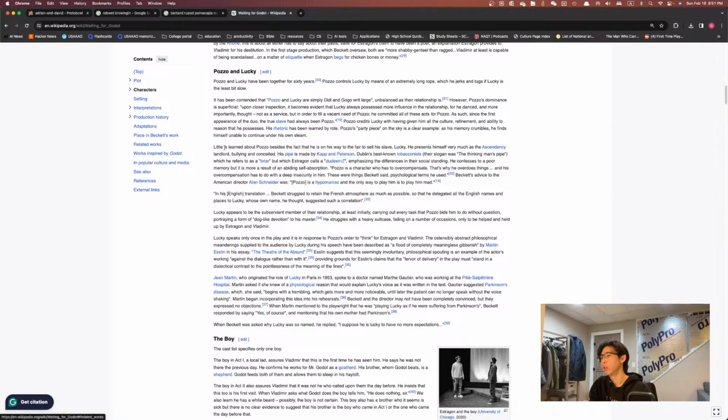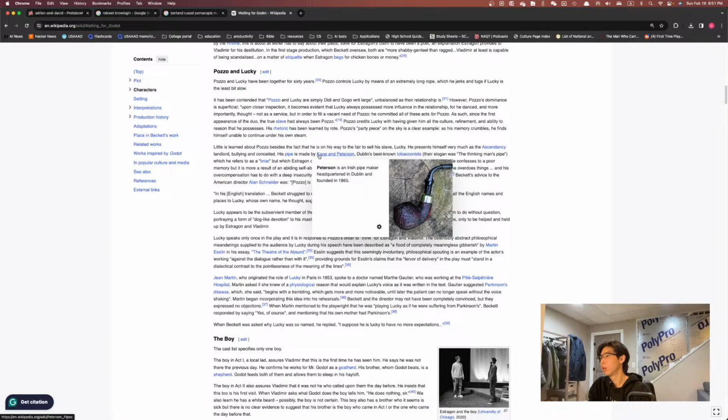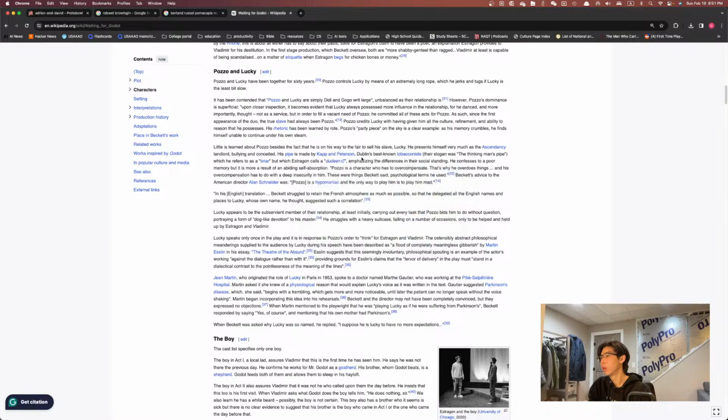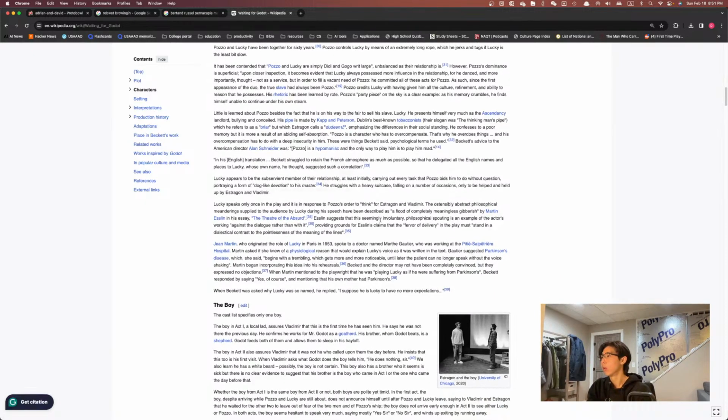Ascendancy landlord, bullied and conceited. The thinking man's pipe, which refers to as a Blair, calls a Duden. Social standing.